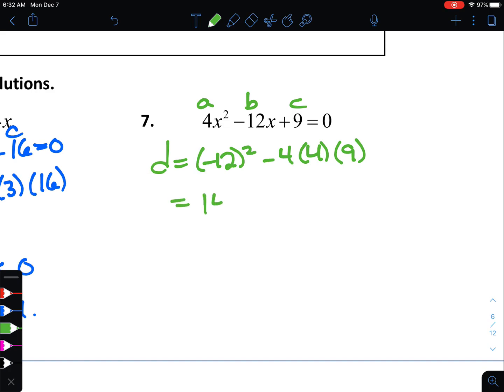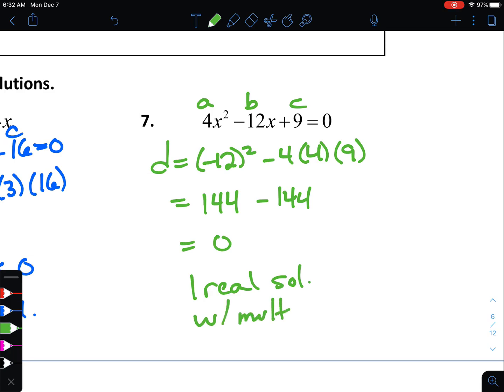Okay, so negative 12 squared is 144. Negative 4 multiplied by 4 is negative 16. And negative 16 multiplied by 9 is negative 144. And then 144 minus 144 is 0, which obviously is equal to 0. And so in this case, we're going to have one real solution with a multiplicity of 2.